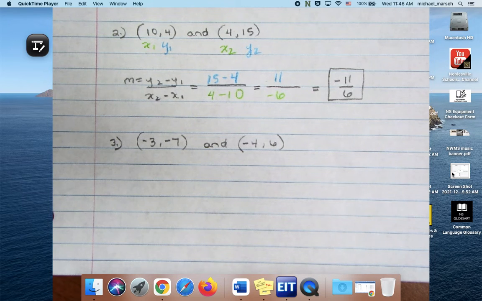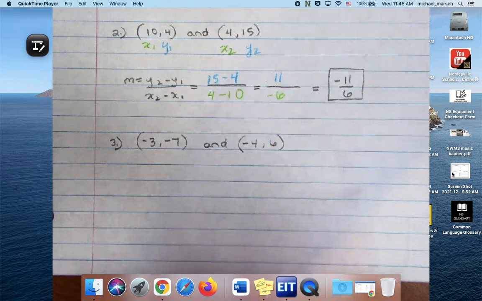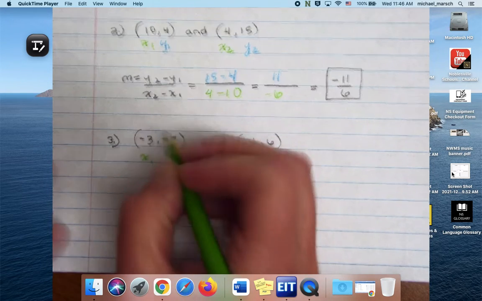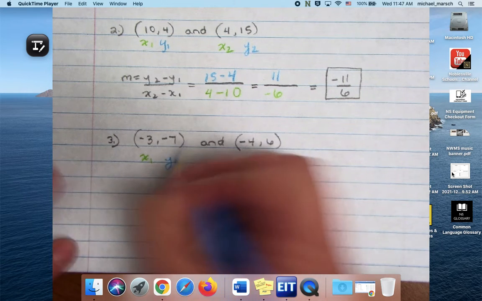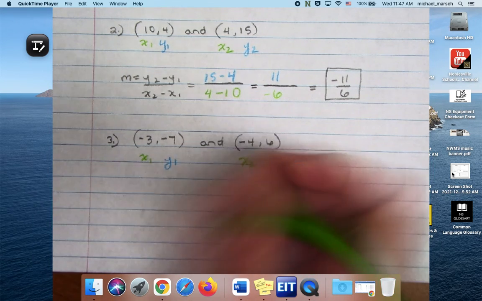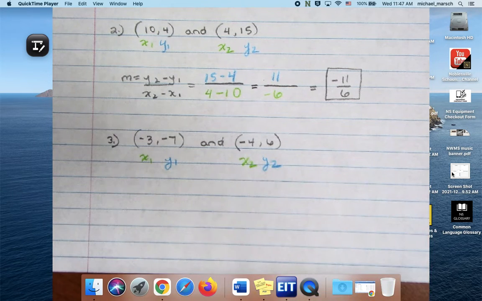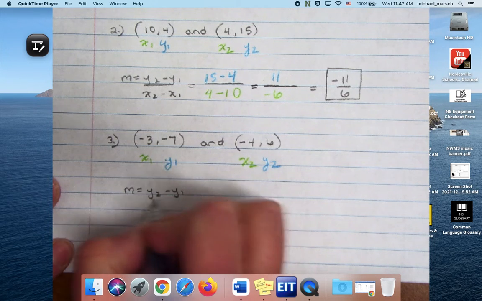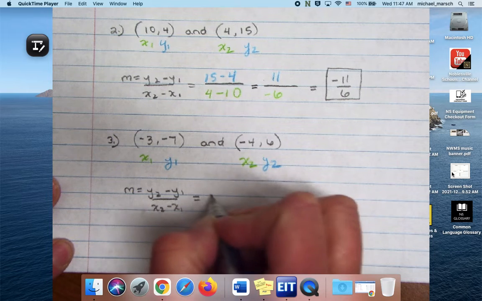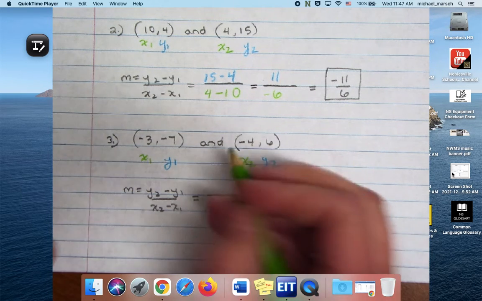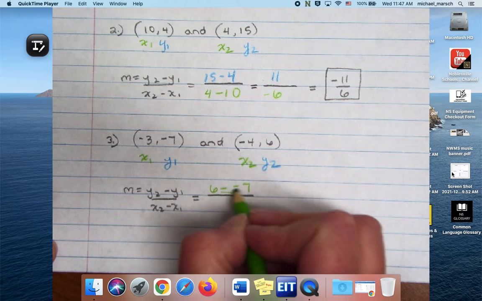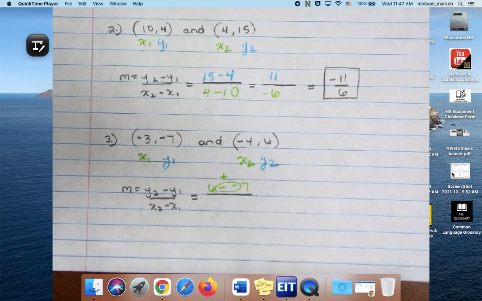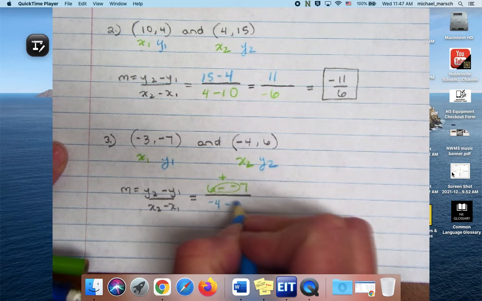Okay, here we go. Let's go over this. I did something wrong, and I led you wrong. I'm sorry. Okay, so we have x1, y1, x2, and y2, and I write the formula out. Then I get 6 minus -7, so we're actually going to add these, Zoe. And then -4 minus -3.